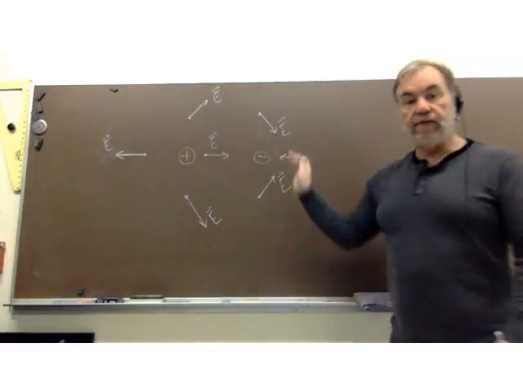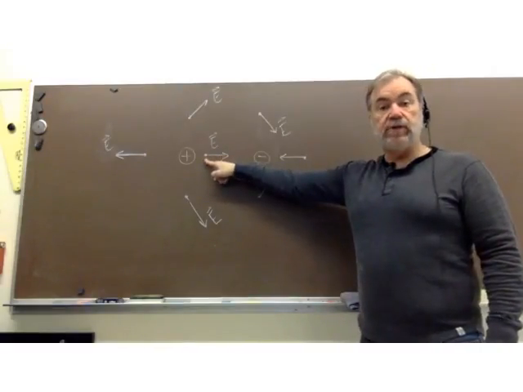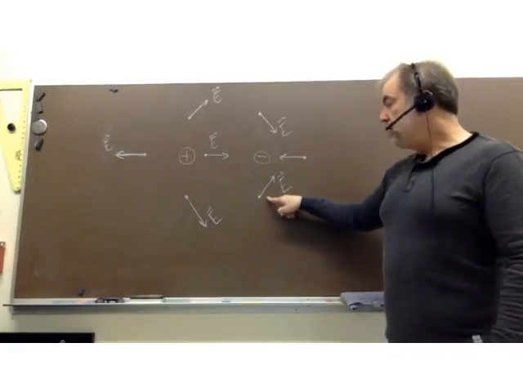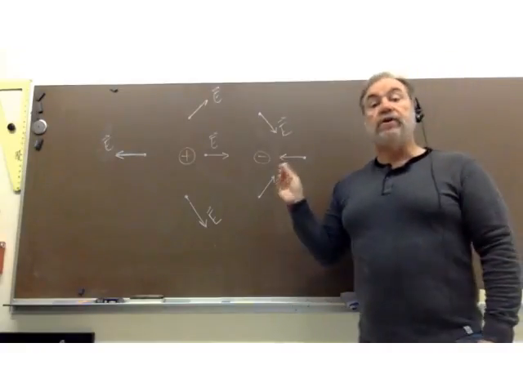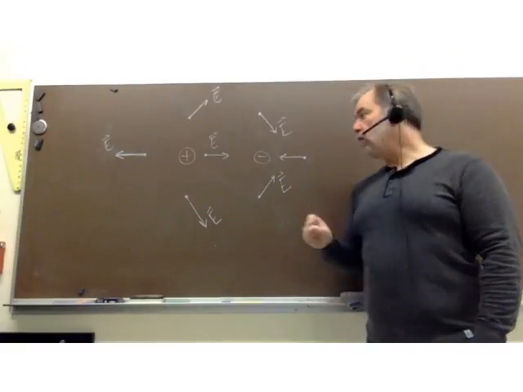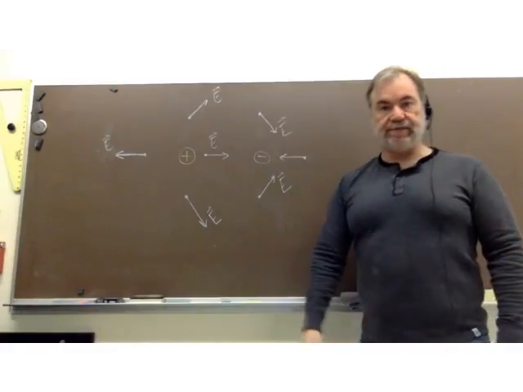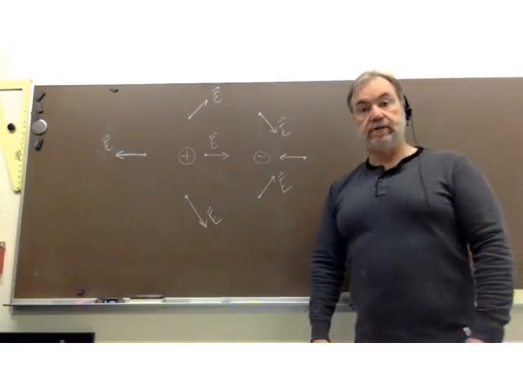Okay, and so I can say that at this point, the electric field has this magnitude in this direction. At this point, it has this magnitude in this direction, and so on. Now, I could, if I wanted to, draw lots and lots of these things, and I'd have a paper full of vectors.